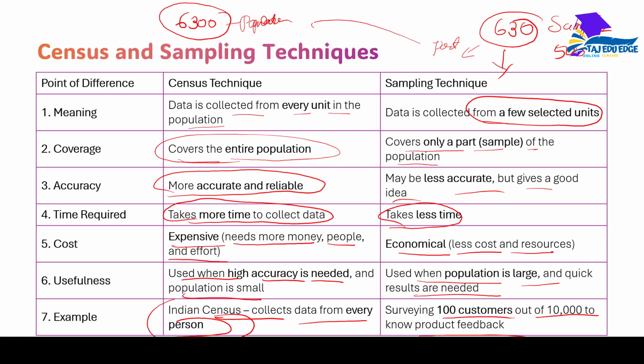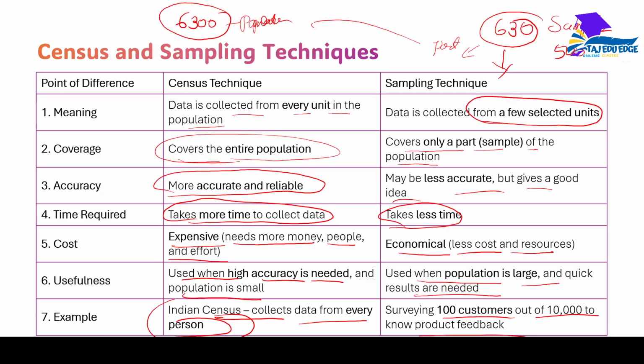But let's say 100 customers have responded, they can still use that as feedback for that product, right? From that they can see how the customers are feeling. That can be the feedback, that can be the sampling. So the census is something big, but the sampling is a part of the census population. Census is related to the population, samples are related to a part of the population.